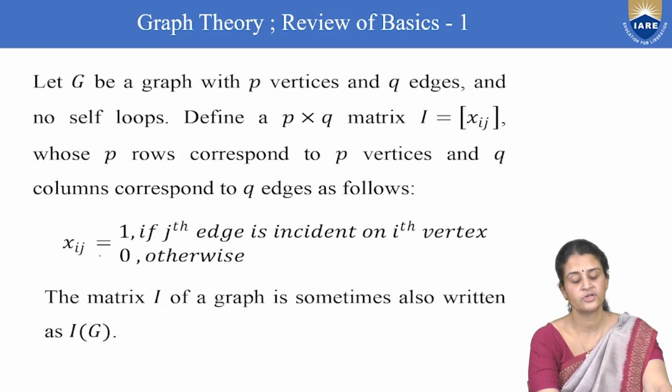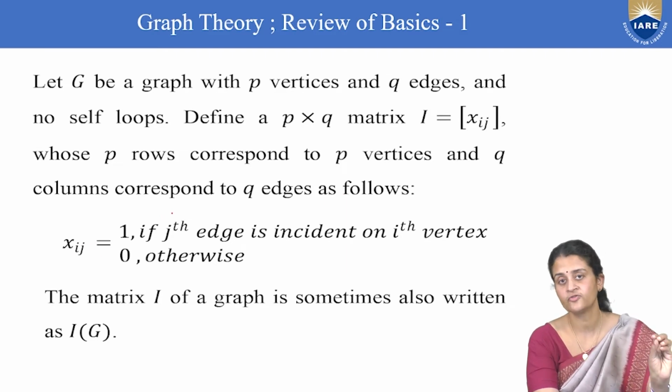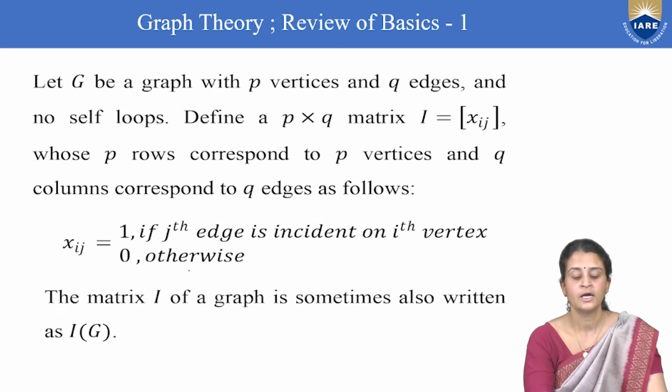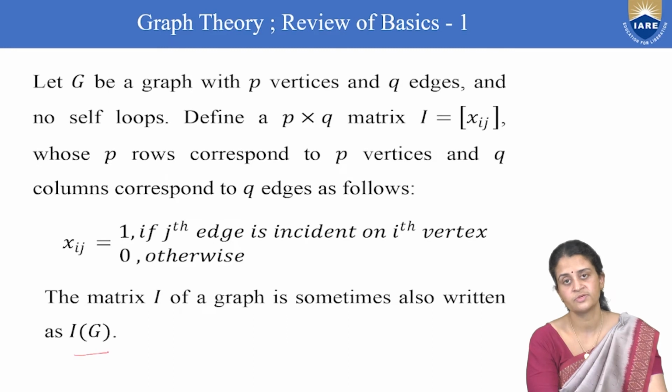It can be defined as follows: the ijth element of this matrix I is equal to 1 if the jth edge is incident with the ith vertex. If the jth edge is not incident with the ith vertex, it is 0. The matrix I of a graph is also sometimes written as I(G), just to specify that it is related with the graph G.